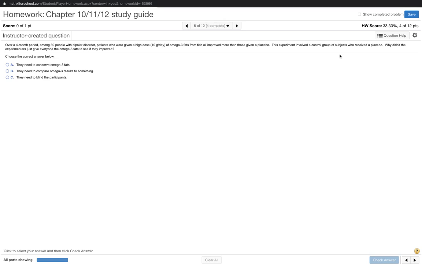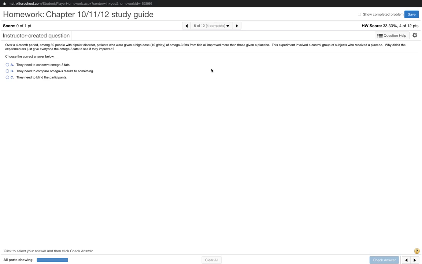So one group of people were given the actual omega-3 fats or whatever it was, and the other group were given something that looked like the actual thing, felt like, smelt like, tasted like the actual thing, but it was just a fake treatment.